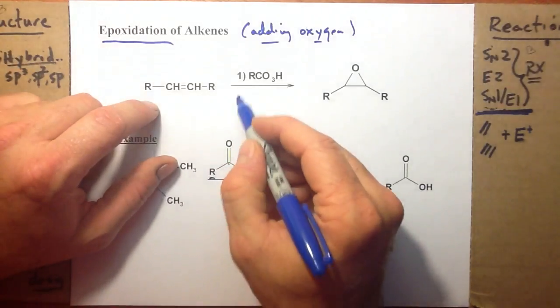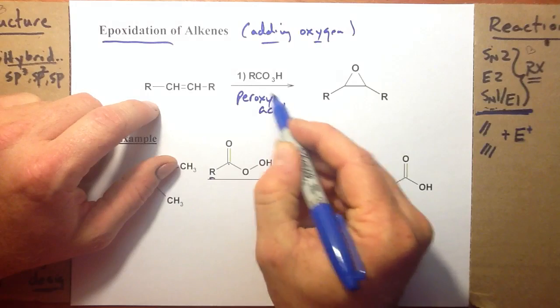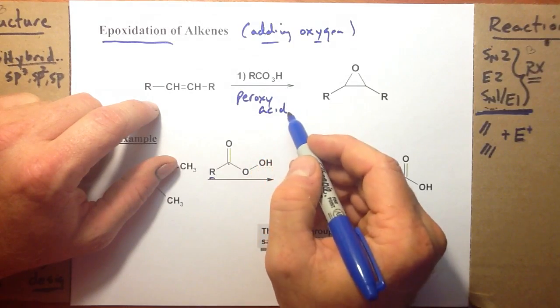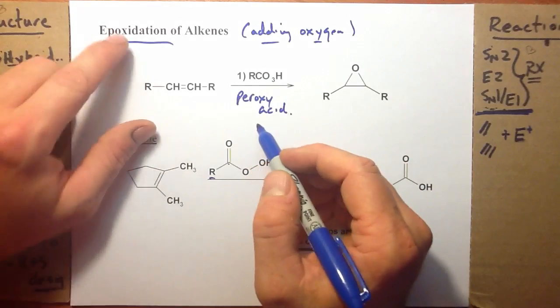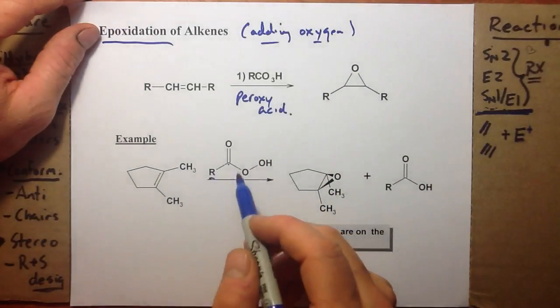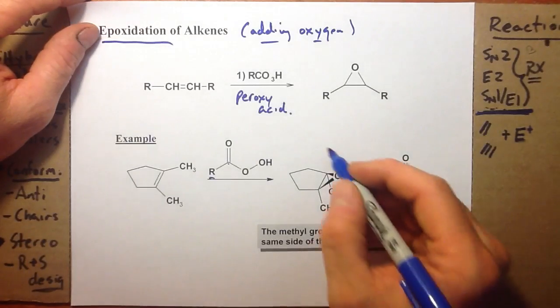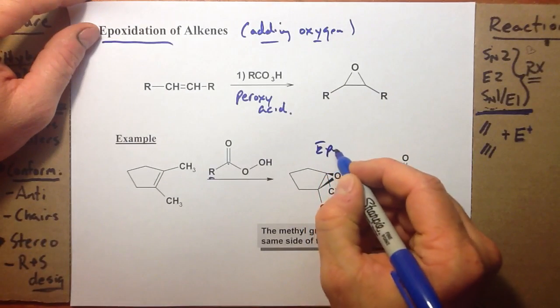So this is called a peroxy acid. You see CO3H, that's a peroxy acid, and we're going to get epoxidation of an alkene. So the alkene reacts with the peroxy acid to make an epoxide.